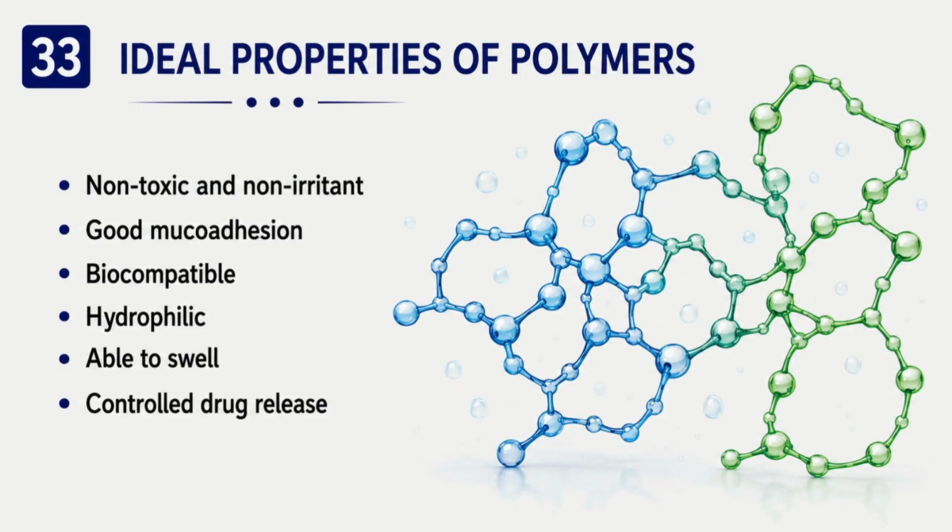Imagine selecting a good employee. You don't select a person based on only one quality. Similarly, a polymer is not selected only because it is sticky. Safety, compatibility, stability and formulation performance are also important here.